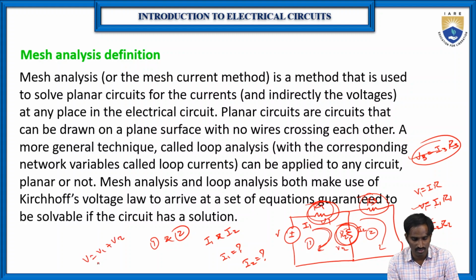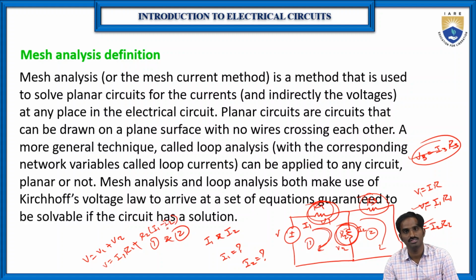What is V1? V1 is equal to I1 into R1, plus V2, which is R2 into (I1 minus I2). Something like that. From this equation, you can write it like this. So for the nodal analysis, we apply Kirchhoff's current law, and for the mesh analysis, we apply Kirchhoff's voltage law, right?